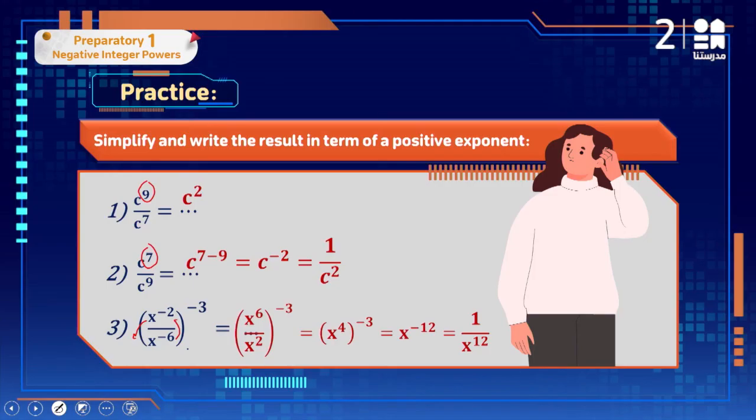And then we have two exponents above each other, so multiply them, x to the power of negative 12. Okay, we have negative power, so 1 over x to the power of 2.